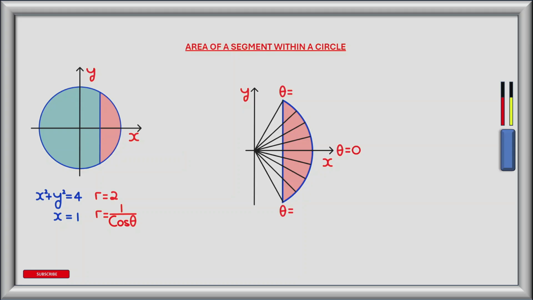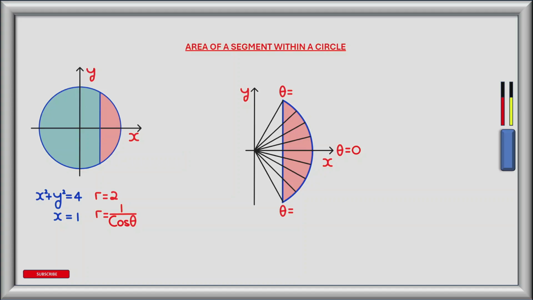The radial distance begins when the vertical line intersects with the circle for the first time at some unknown angle of theta and ends when it meets the circle. This process continues until it reaches another unknown angle of theta.